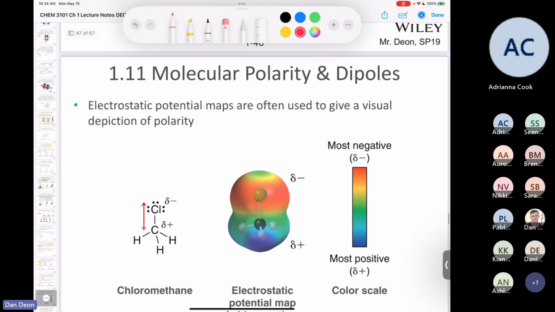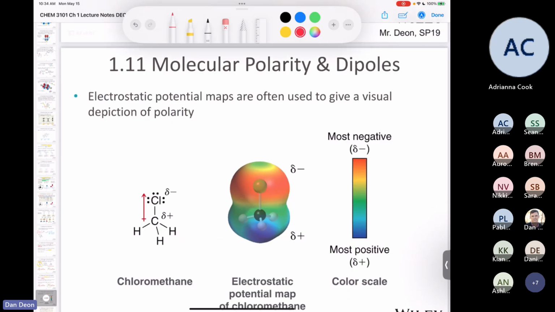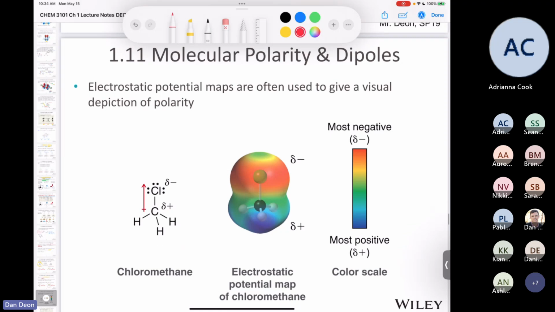All right. Something that you'll see in our textbook from time to time is what they call an electrostatic potential map, or an EPM. EPMs can be used to show regions of electron density inside a molecule where more electron density is found. Say you have a molecule like this one here, chloromethane. Well, you can see that we have a polar bond in here. Most of the electron density is going to lie on the chlorine. And so they use the color red or orange to show you that there's most electron density here.